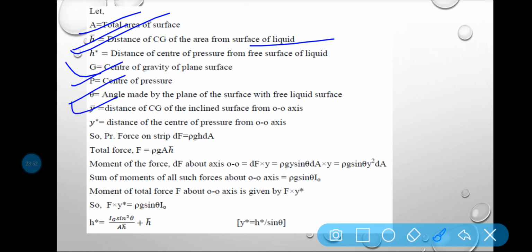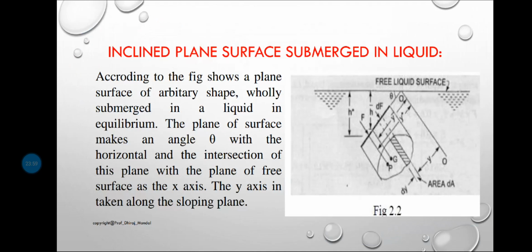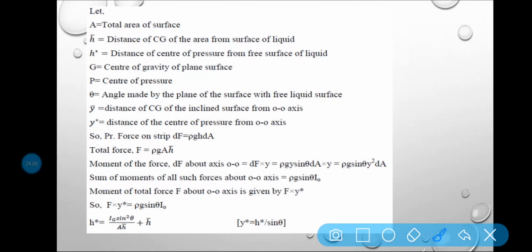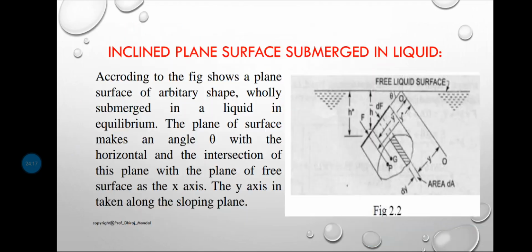Y bar is the distance of the center of gravity of the inclined surface from the OO axis. Y star is the distance of the center of pressure from the OO axis. So, pressure force on strip. This is your strip, you can see.